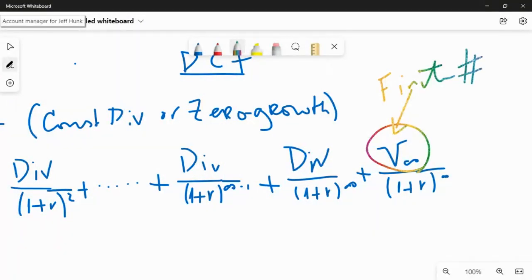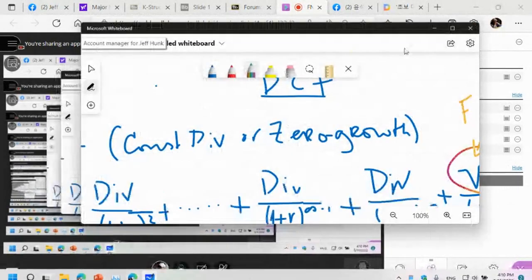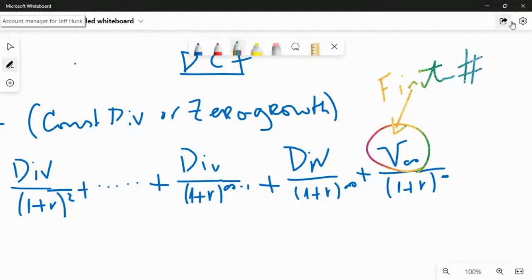Now think about it. Do you think the price of Apple will be infinite at infinite future? Do you think the price of Tesla will be an infinitely large number at an infinite time horizon? No, it's not going to be infinite. If it were, by now, since Apple was born in 1981, the price should be huge.